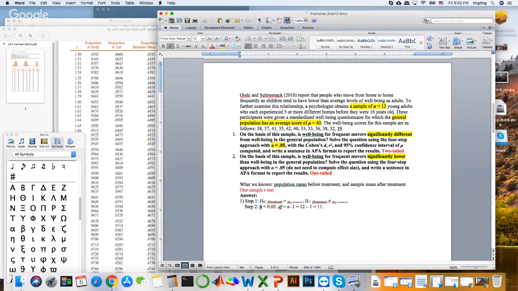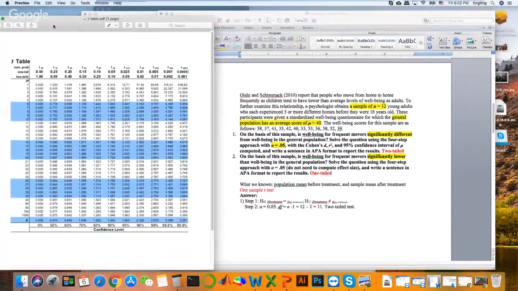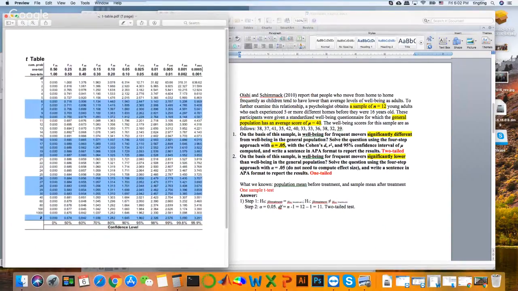And the third factor is the direction, because it's a 2-tailed test. So we have all of these 3 factors, and then we need to use the t-table. So let's search the line 11 and 2-tailed test 0.05.